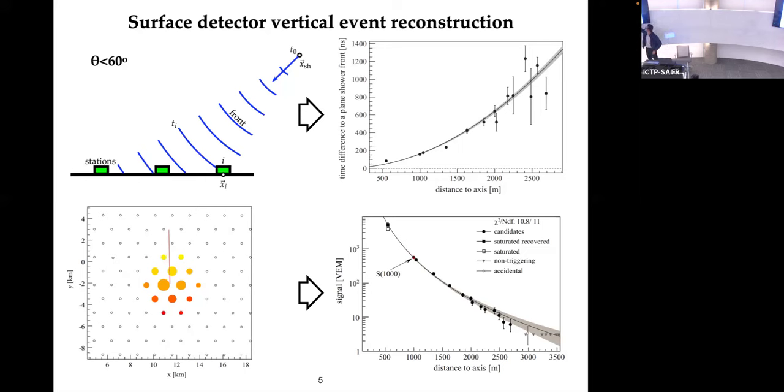Right. 1,000 meters is a reference distance because the signal fluctuates less in this region. What we learned with time is that around 1,000 meters, the statistical fluctuations in the signal are minimal. So this is a good region to look at the signal and try to correlate it with the energy of the shower. But there are thousands of particles, or is it just one? Right. We're going to get to this point.